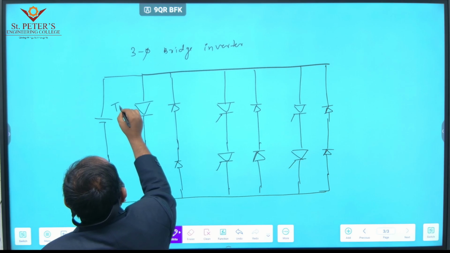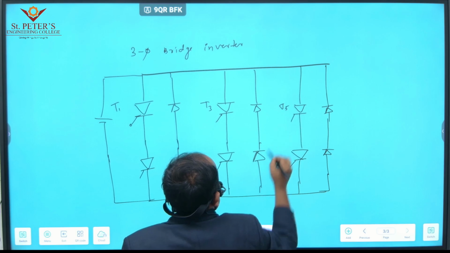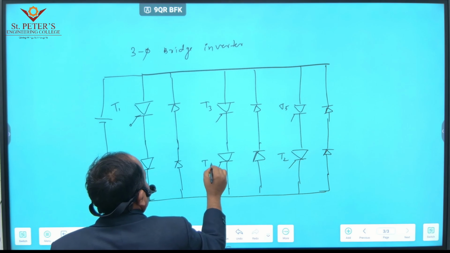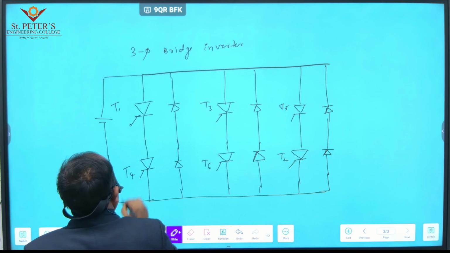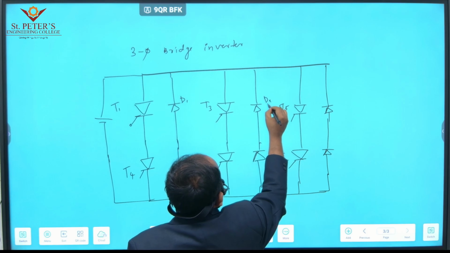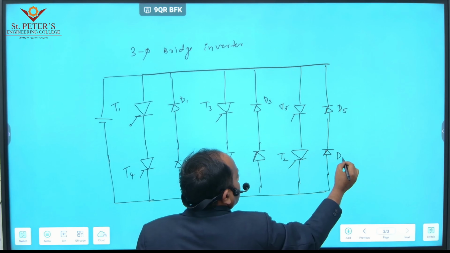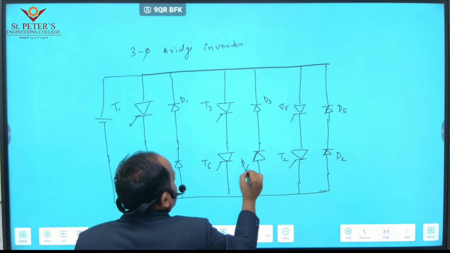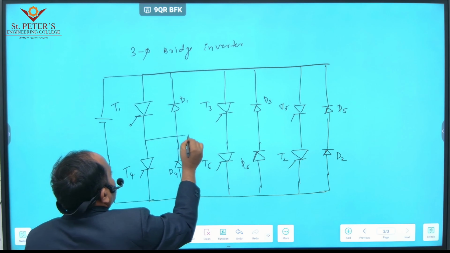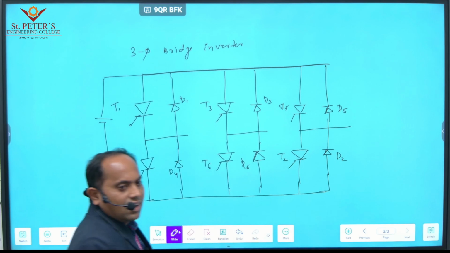Then T1, T3, T5 and T2, T6 and T4, as well as six diodes: D1, D3, D5 and likewise D2, D6 and D4. These are connected to a three phase load that may be connected either star or delta.